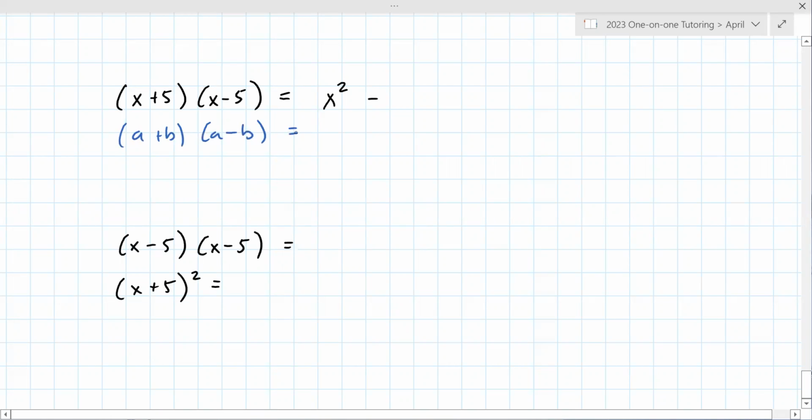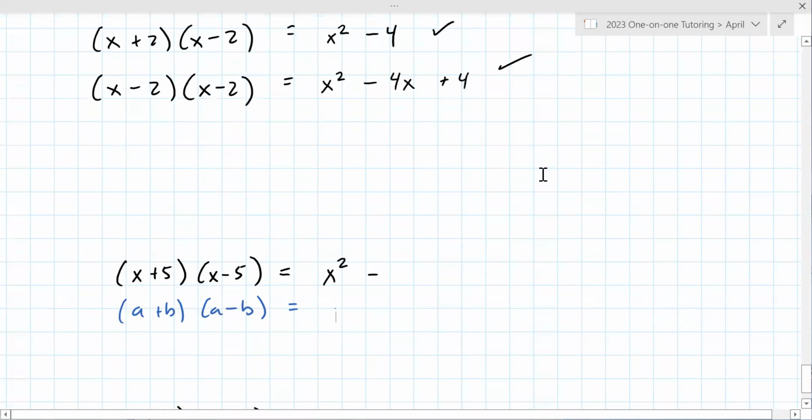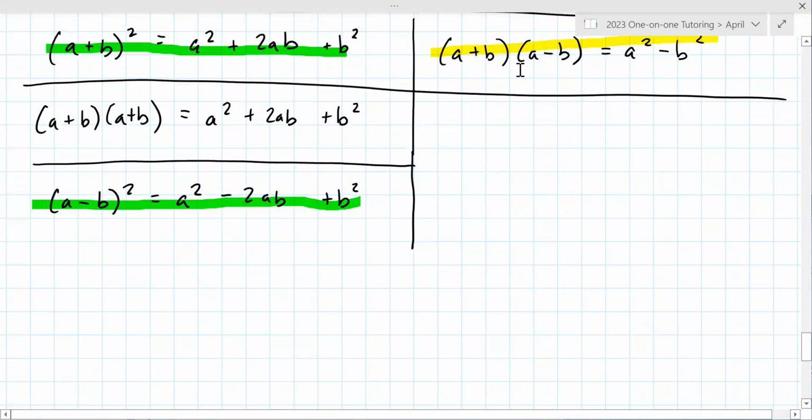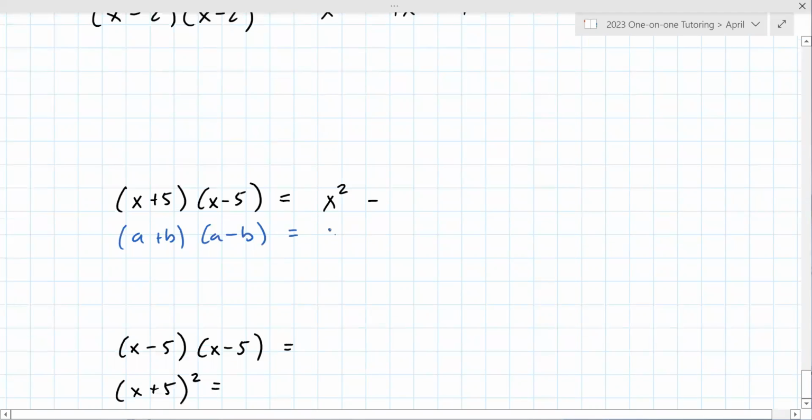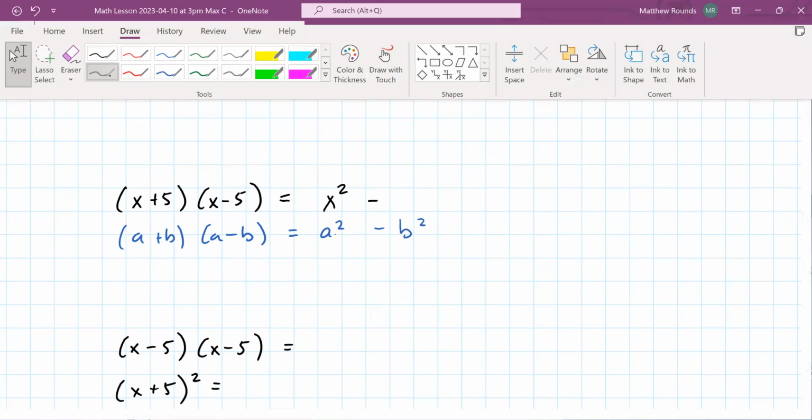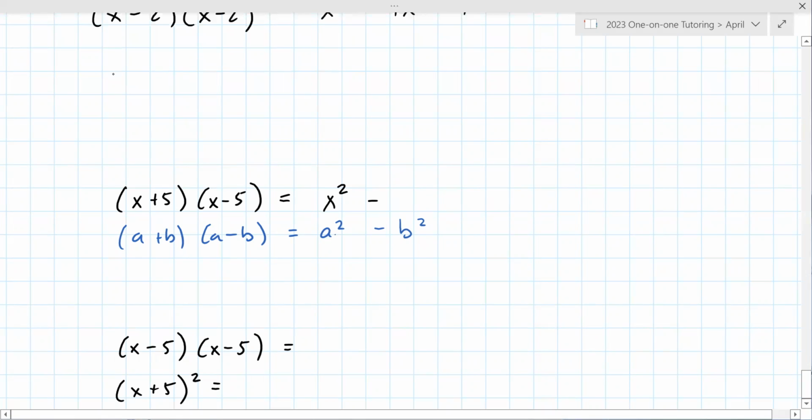What does that become? What's the formula say? The formula says it should be this one up here on the right, a squared minus b squared. Okay, so your a is x and your b is 5. So what should go to the right of the minus sign? b squared. So 25. Good.